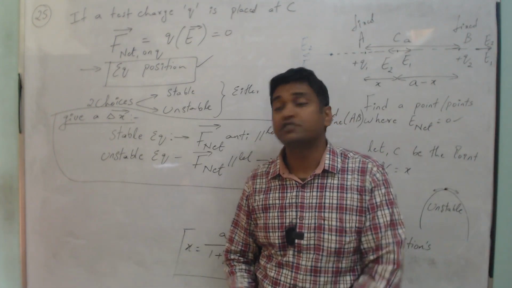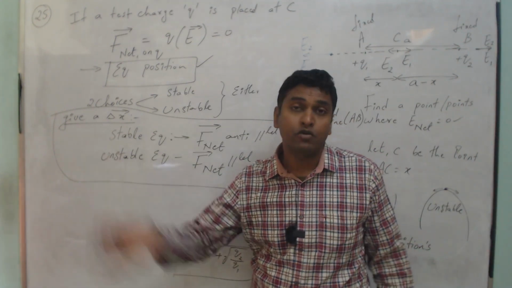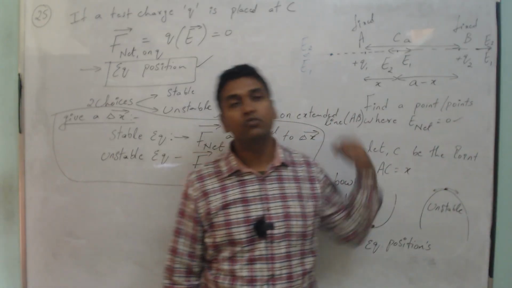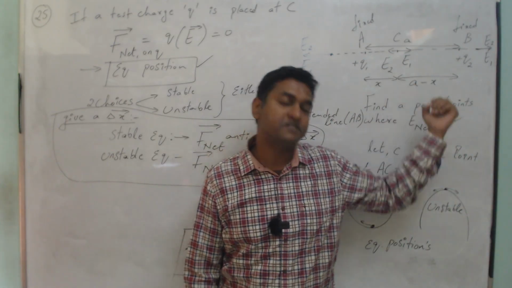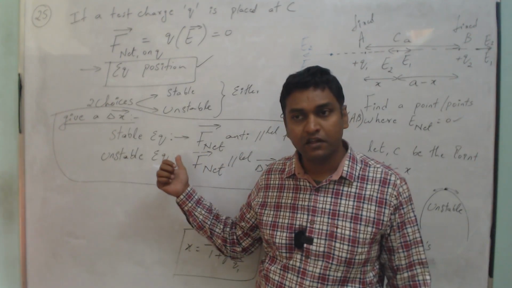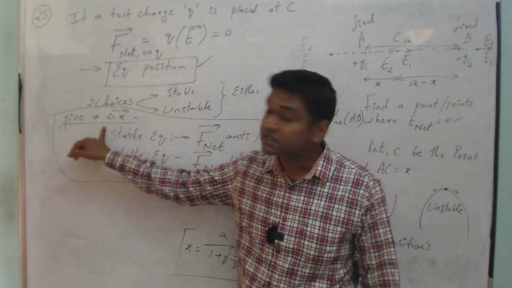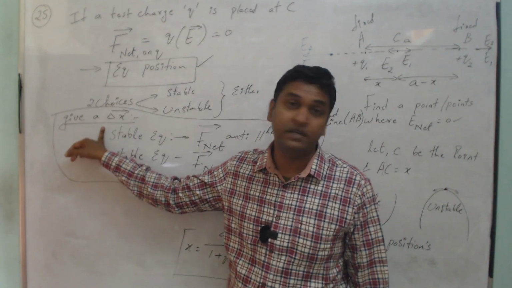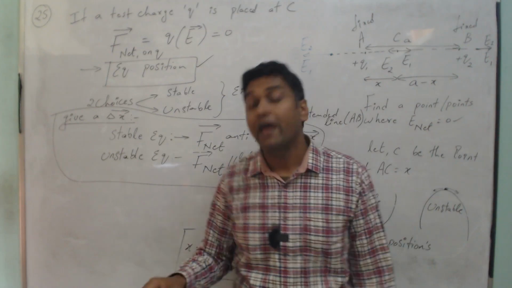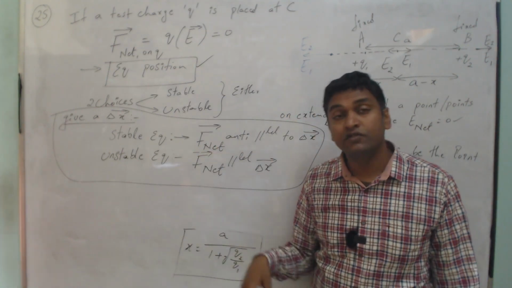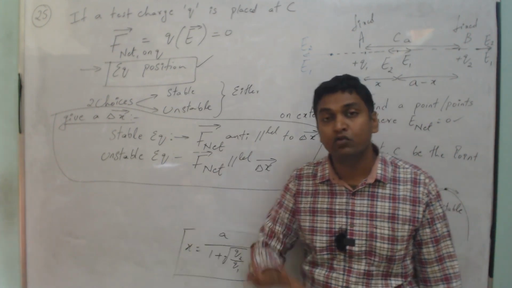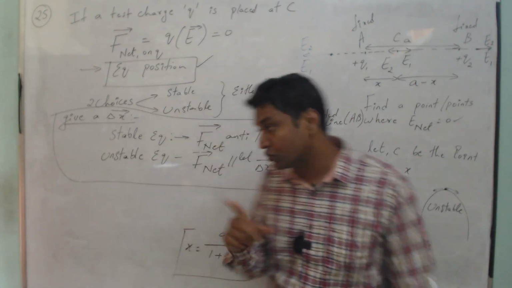That means to study stable or unstable equilibrium, I have to create a movie, shift it somewhere, and now analyze the force direction, right? First, I need to create a movie by shifting it by delta x vector, that means defining the direction of delta x. Then I have to study if the force direction is parallel or anti-parallel. Then only I can know, correct? And also it is net force.